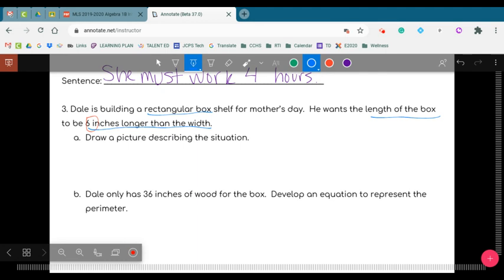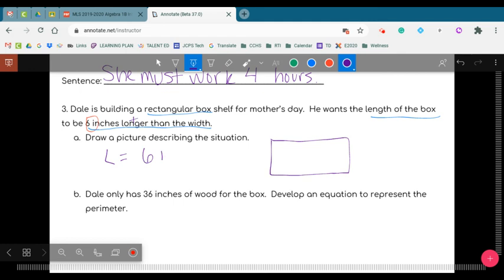The first thing says draw a picture describing the situation. Okay. I said earlier it's a rectangle. So let's start by drawing a rectangle. Now, anytime we have a rectangle, we have our length and we have our width. They say they want the length to be 6 inches longer than the width. If it's longer, we're going to add.